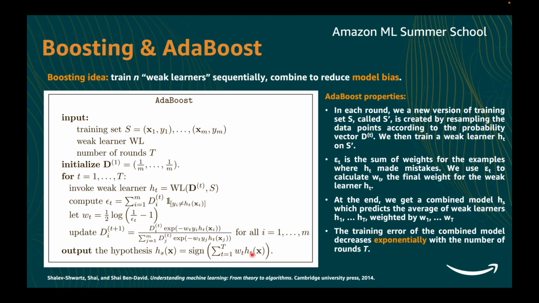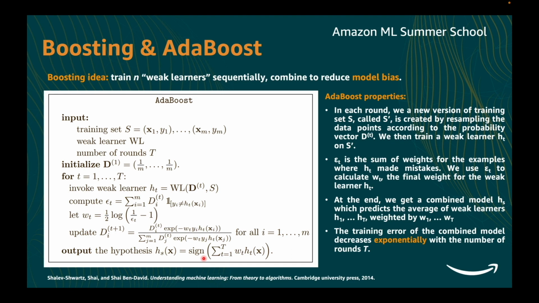This will give you a value which you pass to the sign function. The sign function is just, if it's positive, it gives +1. If it's negative, it gives -1. If it's 0, it gives 0, or arbitrarily it can give +1 or -1. So this is the overall AdaBoost procedure.